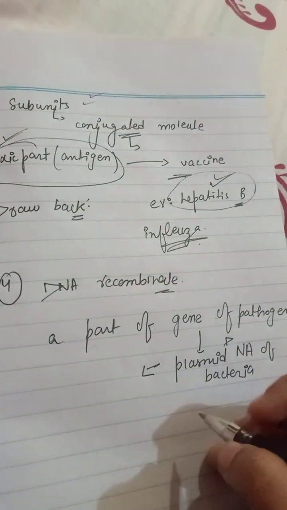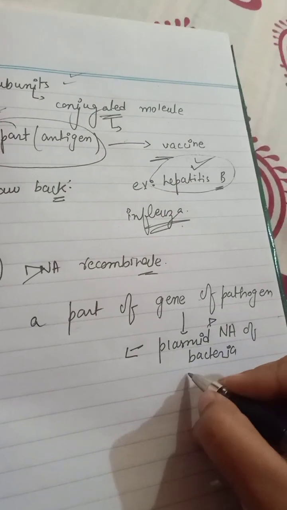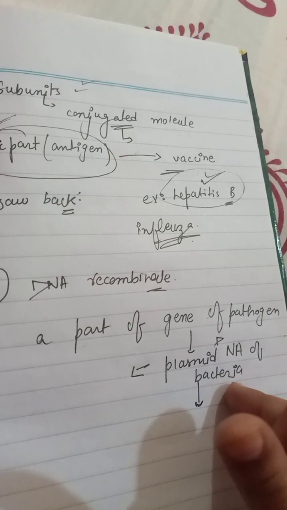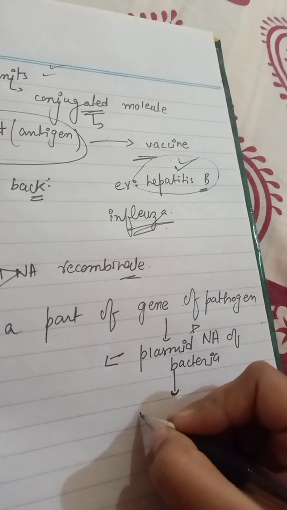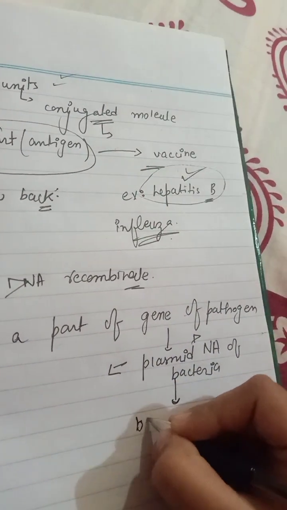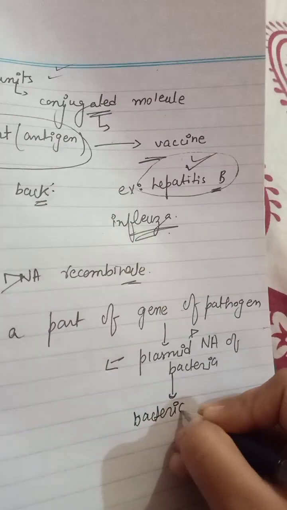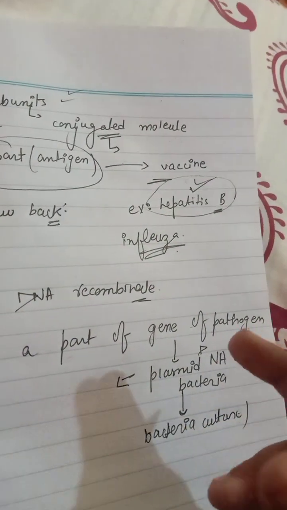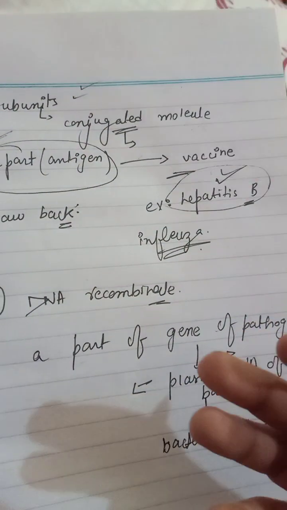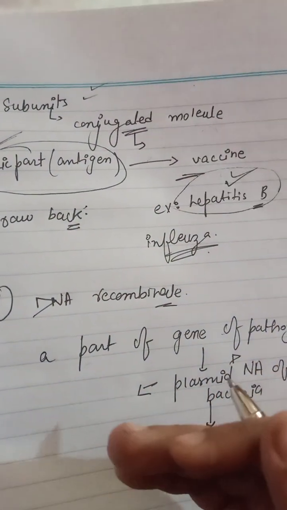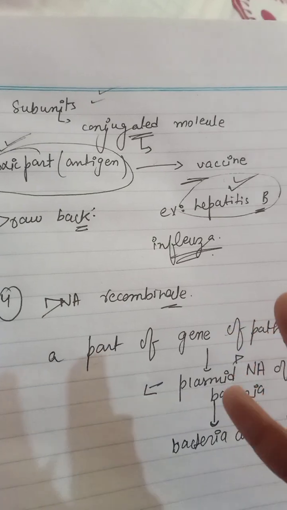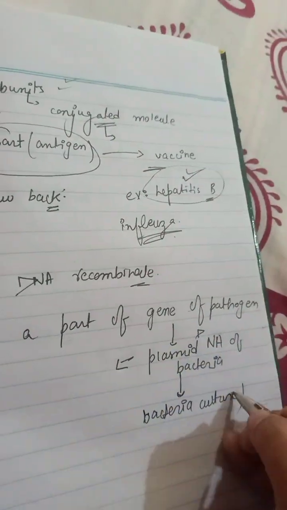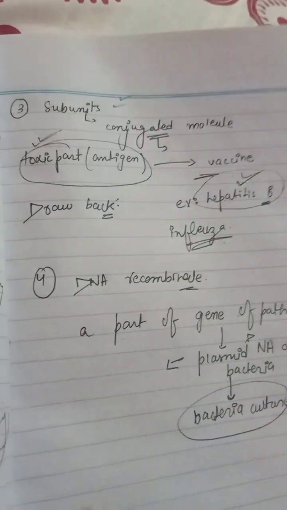So we insert it into the plasmid of bacteria, and a bacterial culture will occur. What is bacterial culture? It means the growth of the bacteria. Then the screening of the plasmid will occur, it is introduced at the commercial level, and the vaccine is produced from that plasmid.